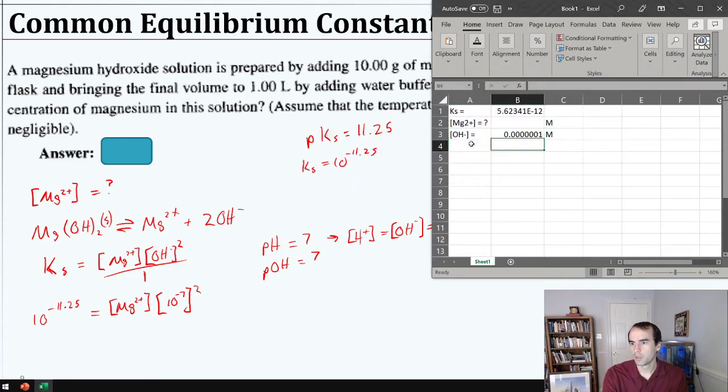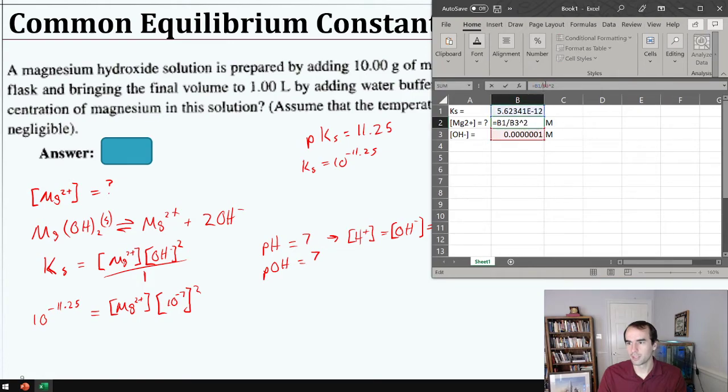And so our magnesium concentration, according to that equation, is going to be equal to the Ks, 10 to the minus 11.25, which I solved there, by the way. You can see right there, that's 10 to the minus 11.25. So this is going to be equal to that divided by this guy squared. And we get a concentration there.